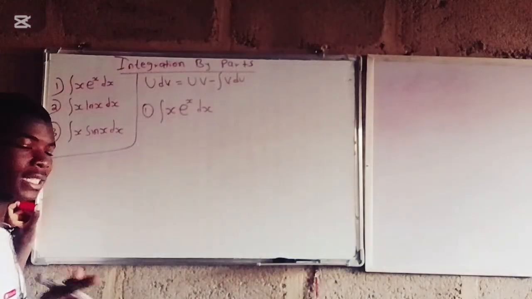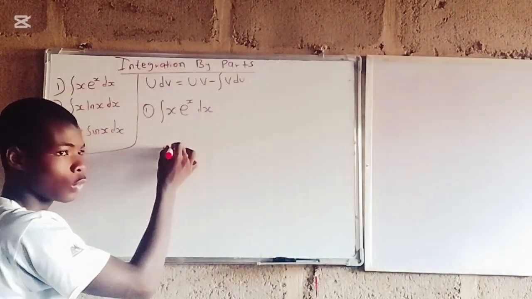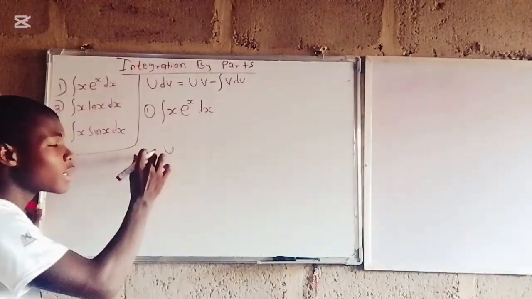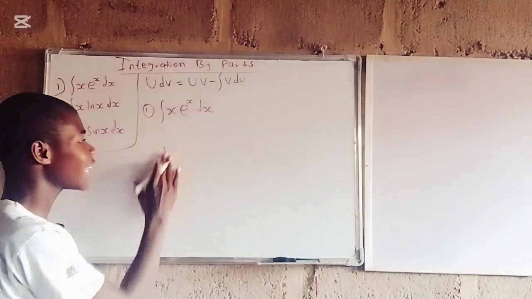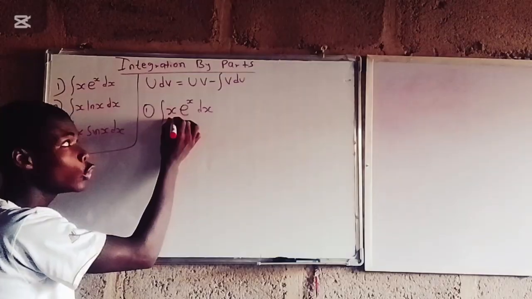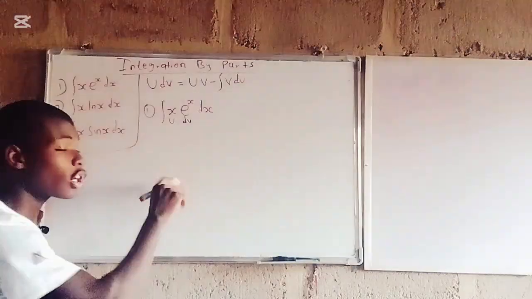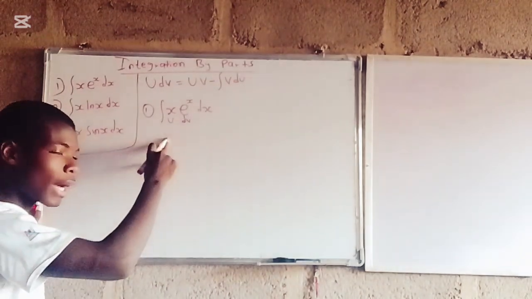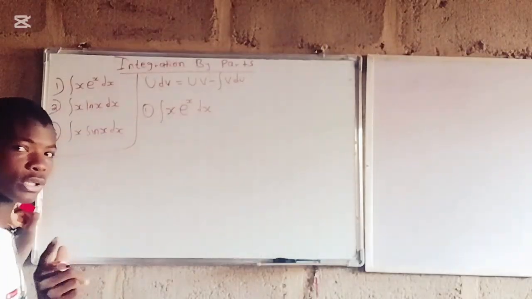Take note that in U substitution, we let one part of the integral be u, and then find du. But in integration by parts, you must let one of them be u and one of them be dv, not du, because we are letting two things, u and dv. Don't skip this video, it is very important.